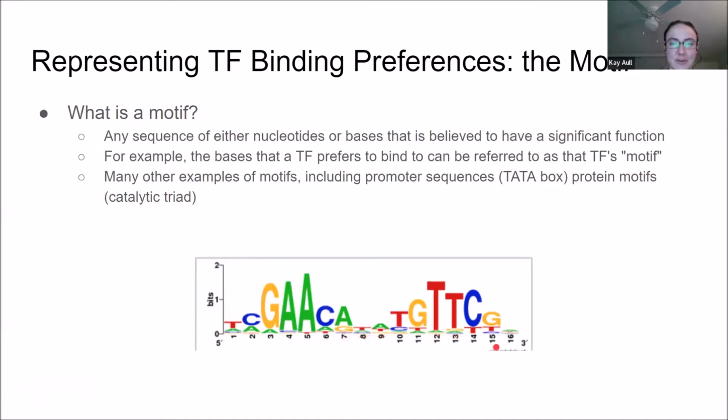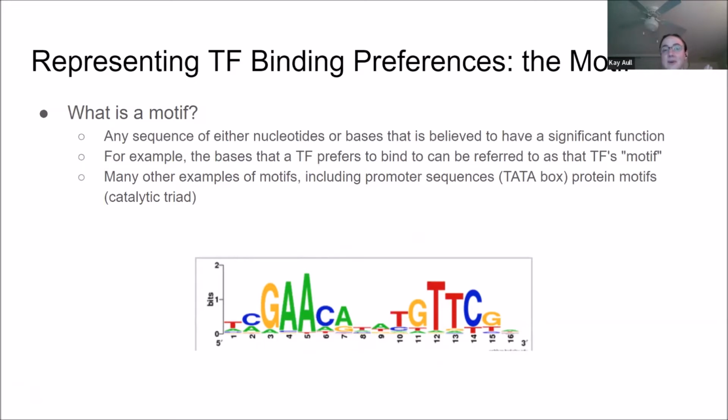For this particular transcription factor, it has a region in the middle and at the edges of its binding region where it doesn't have a strong preference for what the base is at that position. But you can see at the 5 position, it pretty much has to be an A. And at this 12 position, it pretty much has to be a T. And at some of the other positions, you have your choice of 2 bases that you can get away with, but really not all 4.